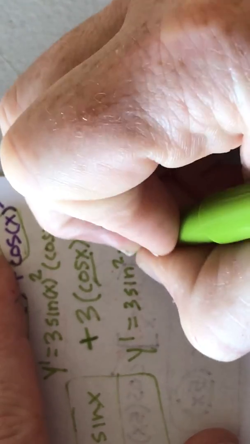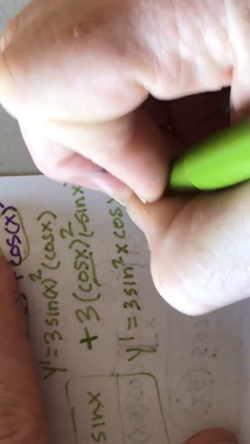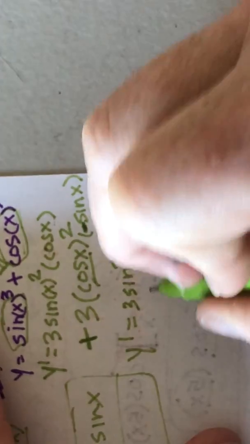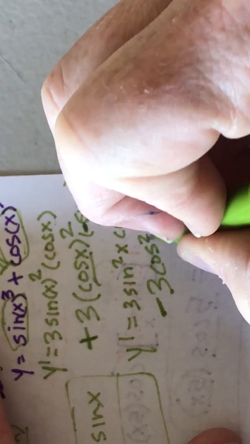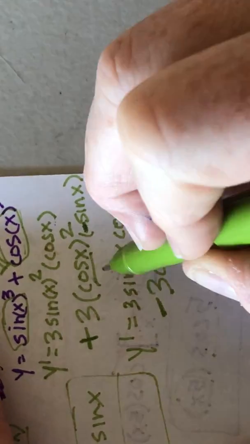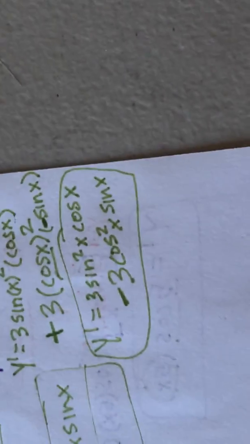Y prime equals 3 sine squared x cosine x. And there's a negative sine x here, so negative times positive 3 would be minus 3 cosine squared x sine x. Okay? And if you could get and understand 10, 11, 12, then you're doing really awesome at these. That's it.